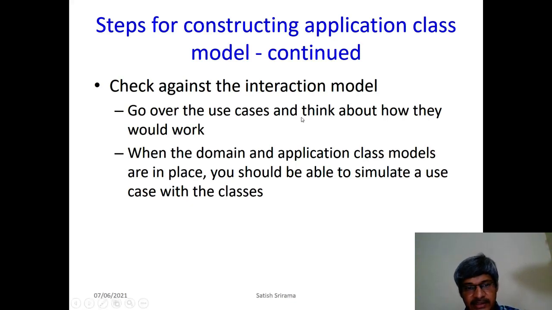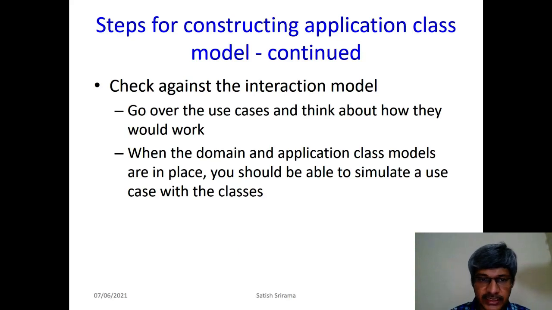When the domain and application class models are in place, you should be able to simulate a complete use case with the classes. If both of them are complete, literally all your classes are there.